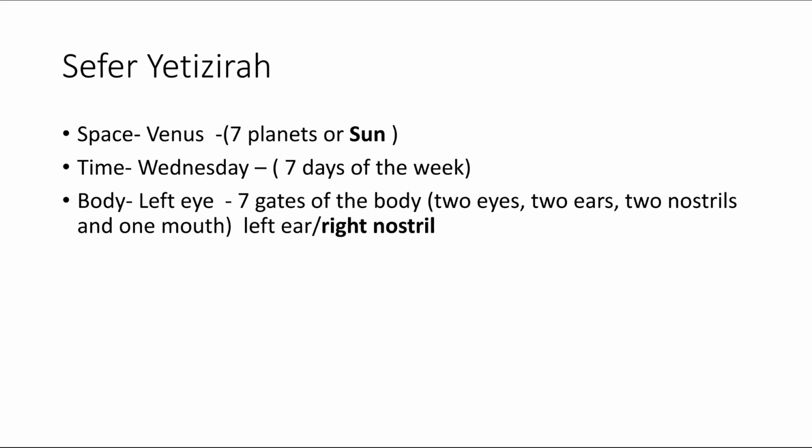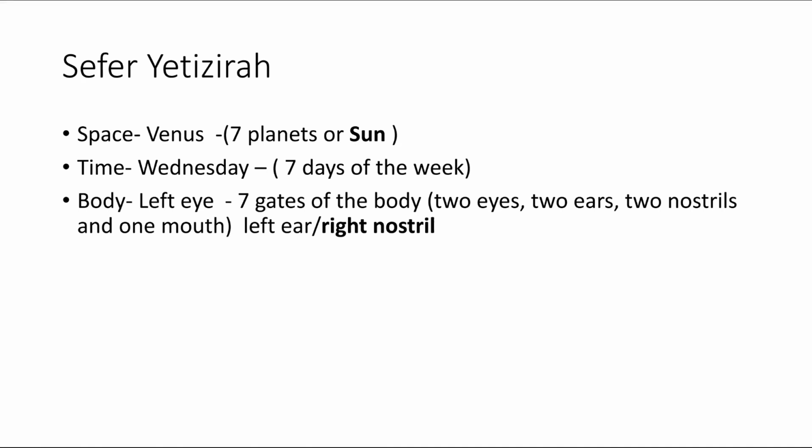It also is one of the ones that denotes time of the day, days of the week. Obviously, there are 7 days of the week, and there are 7 of these double letters, and so they get assigned days of the week, Wednesday in this case. It's also given to one of the 7 gates of the body, the left eye.